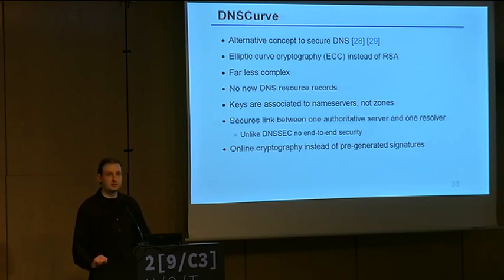DNSCurve secures the link between one authoritative server and one resolver, a direct link. And unlike DNSSEC, there is no end-to-end security. So you have to make a connection from your secure resolver to the authoritative name server. You can't use multi-hop forwarding. And DNSCurve also uses online cryptography instead of pre-generated signatures.